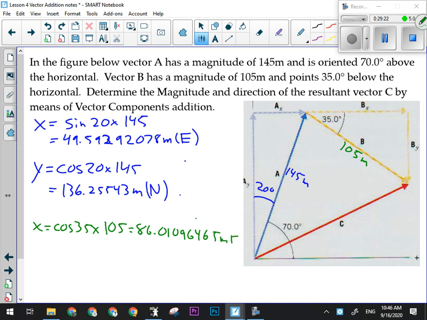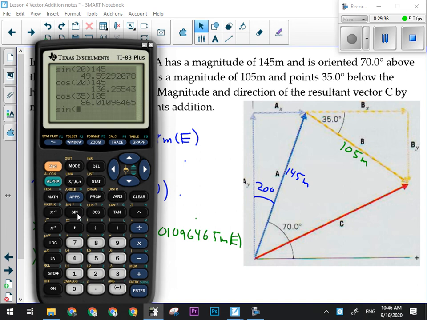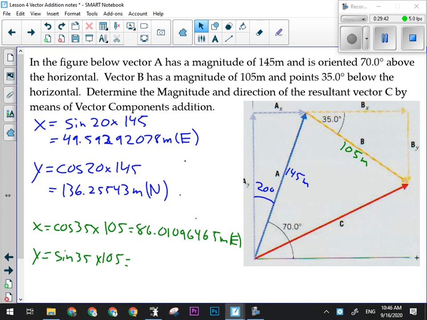And that is east. Okay, and then the Y component of that triangle is going to be the opposite side, so it'll be the sine of 35 times 105. So 60.2255.